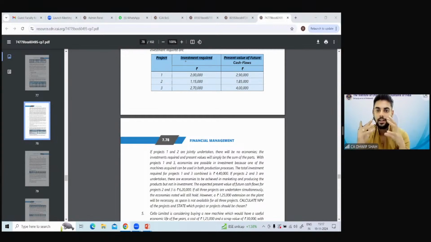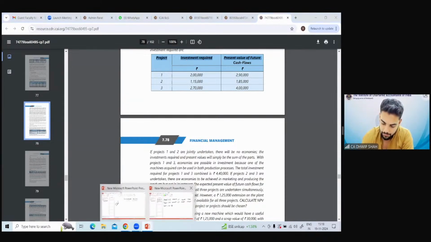Now we are visualizing when all the three projects are taken together. So question says when all the projects are taken together, economies means additional savings would still hold. So additional savings, can I say when project 1 and 3 was taken together, there was additional savings in investment? Yes or no? Correct.